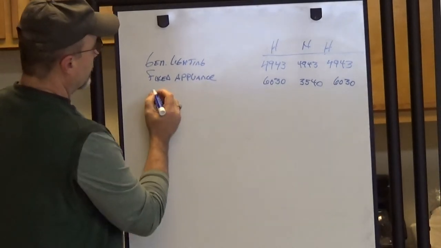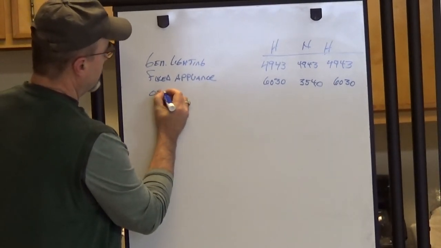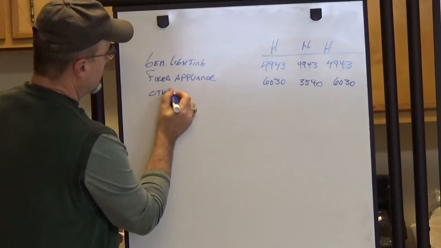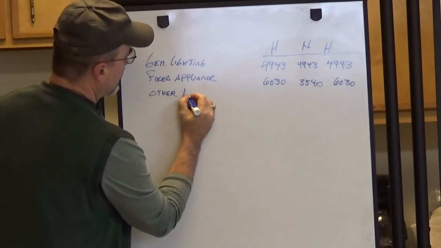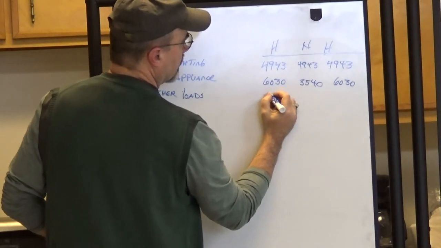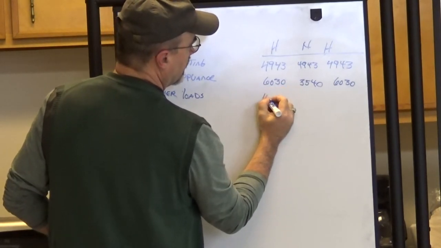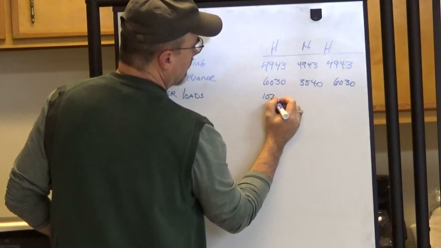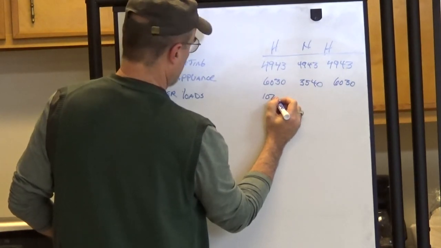Okay. Other loads? 25,794 is your phase. Tell me again, Chris?